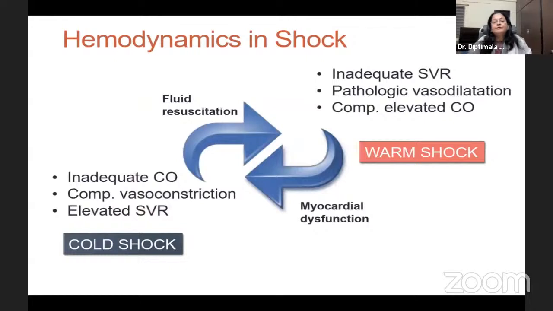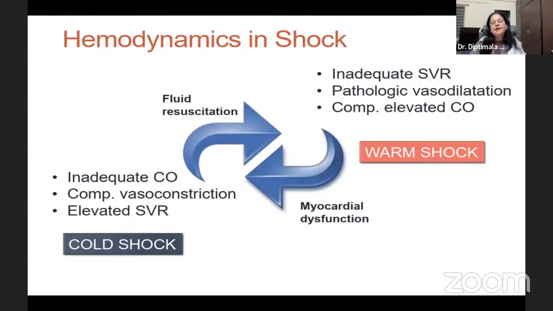So initially, you have started with fluid resuscitation because there is inadequate systemic vascular resistance. There is vasodilatation. Compensatory elevated cardiac output is there initially. Till this time, the patient is in warm shock. But the body is trying to compensate by increasing the cardiac output.